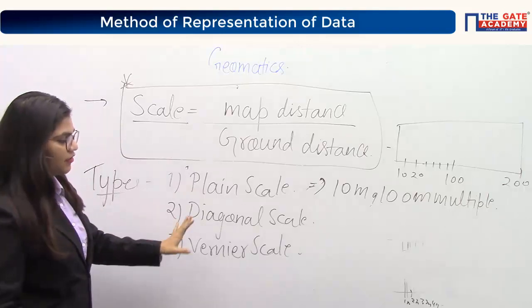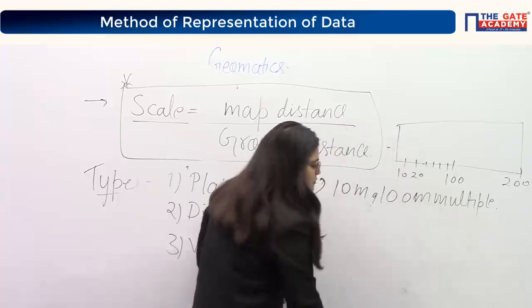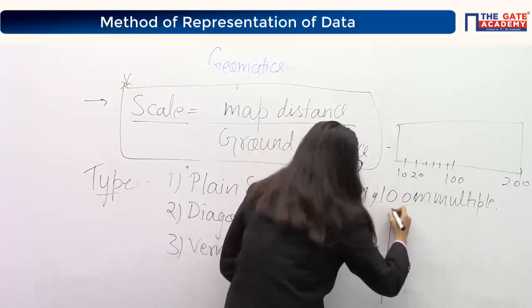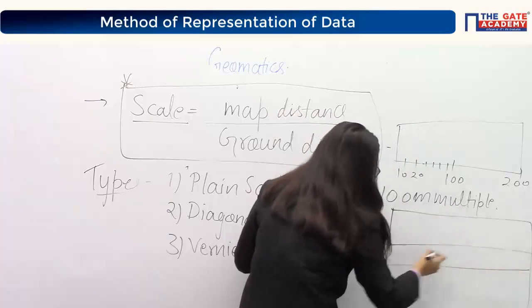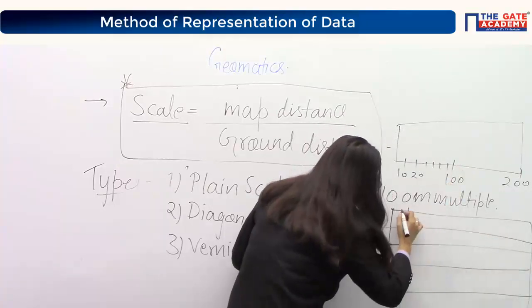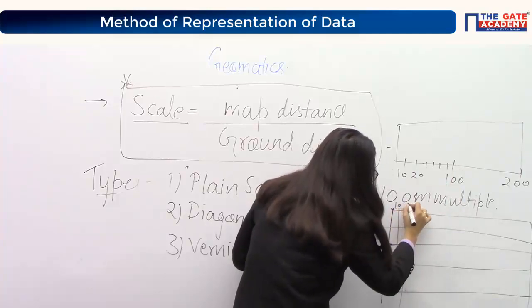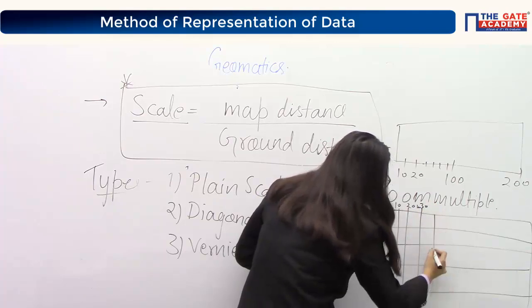Just take an example of diagonal scale as well. I'm just drawing this scale. This scale will be similar to this one. This will be your 10 meter, 20 meter, 30 meter, and then this will be your 100 meter.